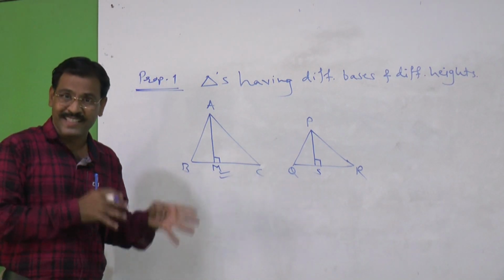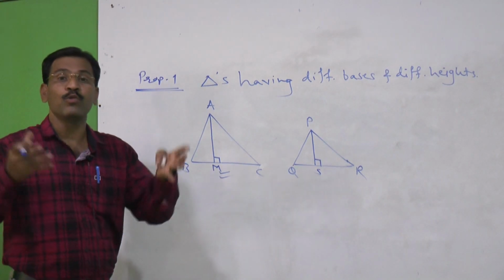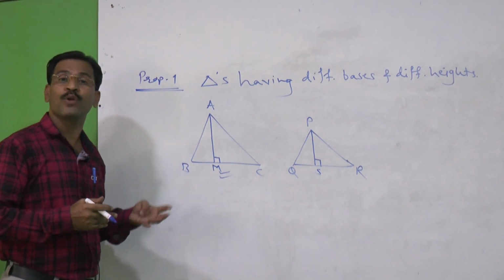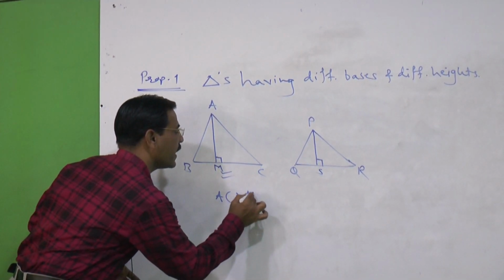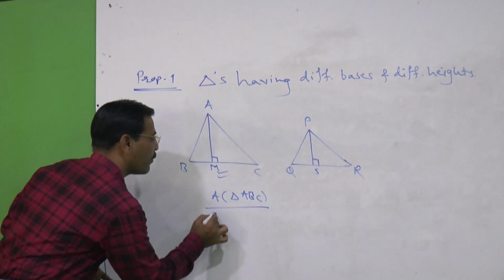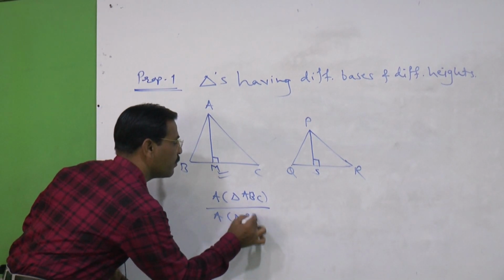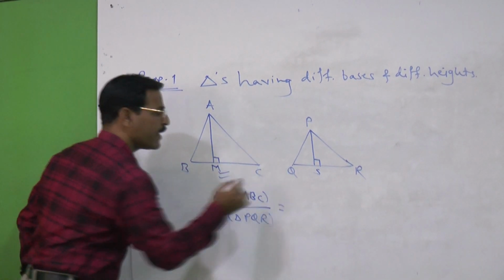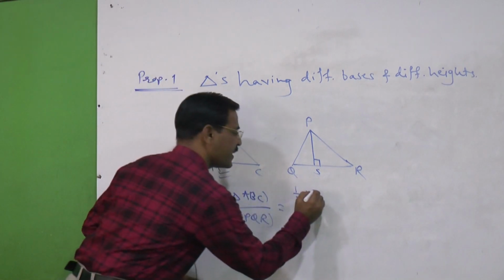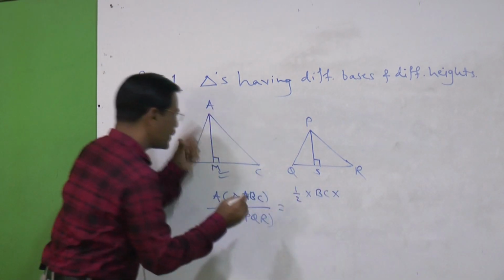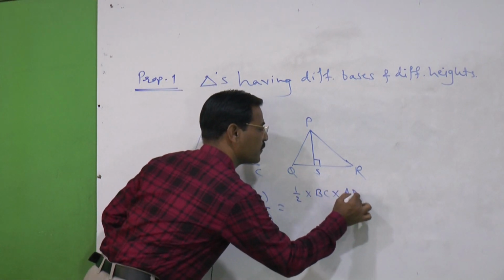Whenever it is like this, we are going to take the ratio of areas of these two triangles. See first here, I'll take the area of triangle ABC upon the area of triangle PQR. We know the formula: half into base, that is BC here, and height, which is AM here.